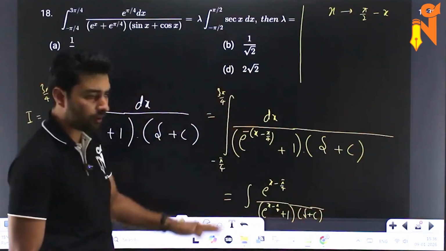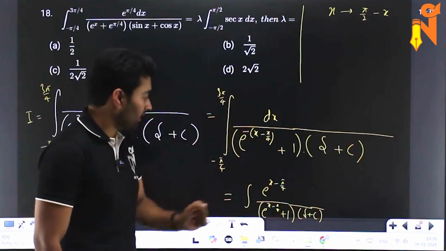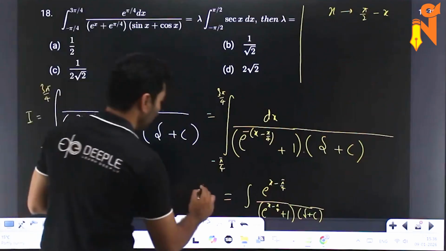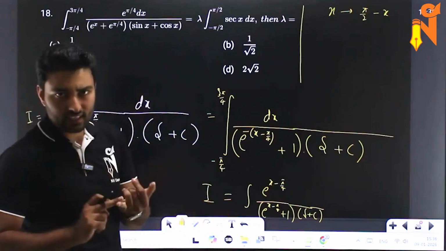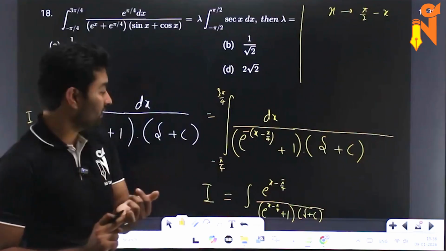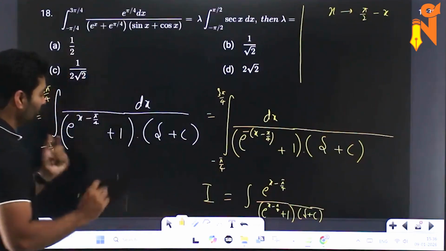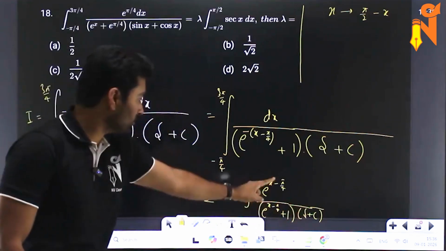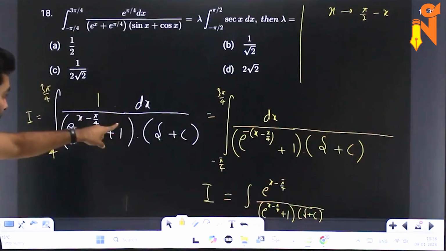Now I am assuming this is I, then I will add both I. I hope you solved this kind of question in NCERT, in RD Sharma, in the module. Very simple question. Now I will add both I, because the base is exactly the same. So this plus 1, this plus 1, this will get cancelled with this.